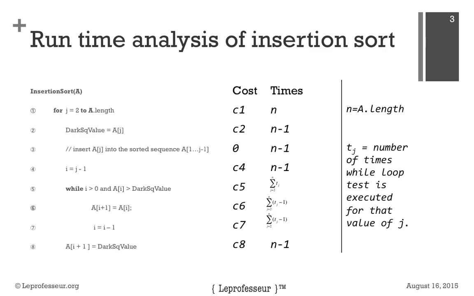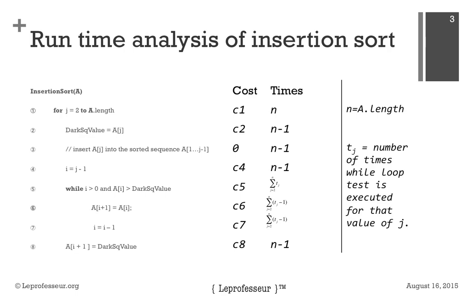Now, it depends. If you already have a sorted list, it may take less time. If you have a list which is sorted in reverse, it might take maximum time.